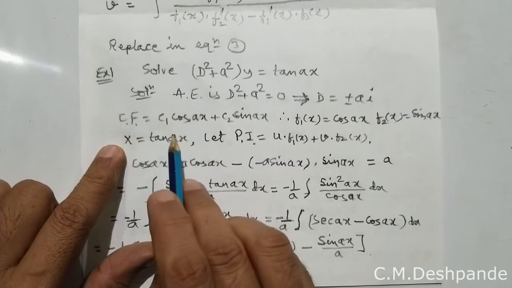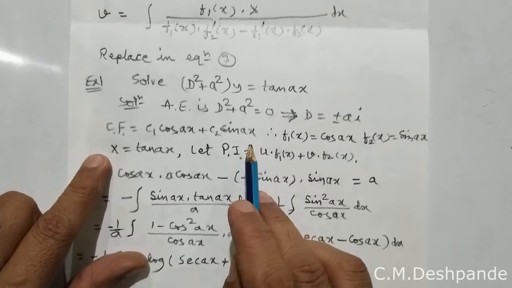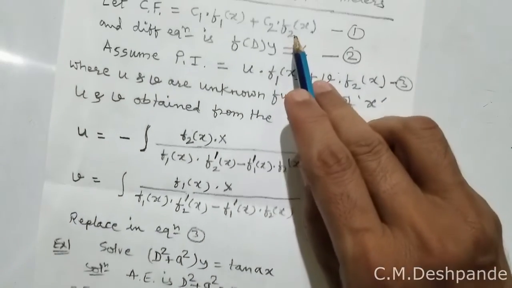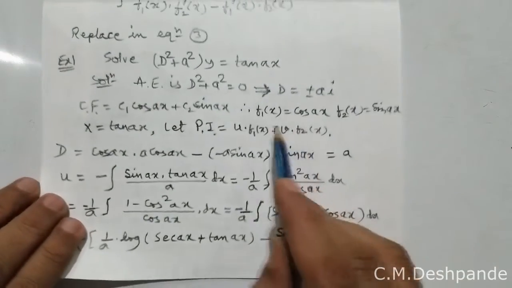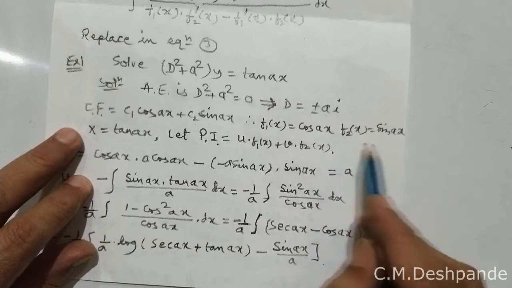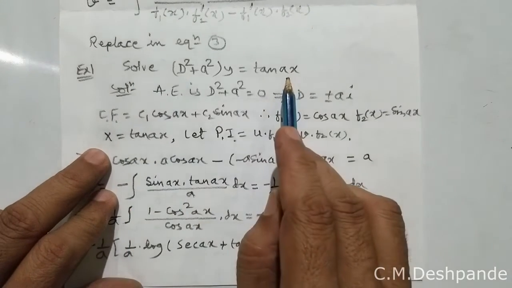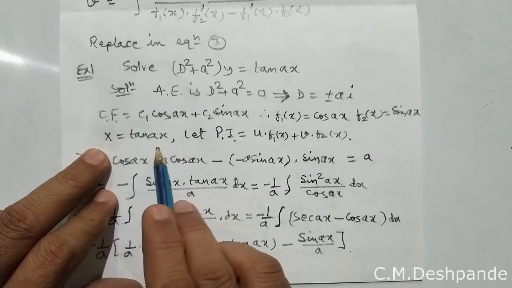CF equal to C1 cos of ax plus C2 sin of ax.